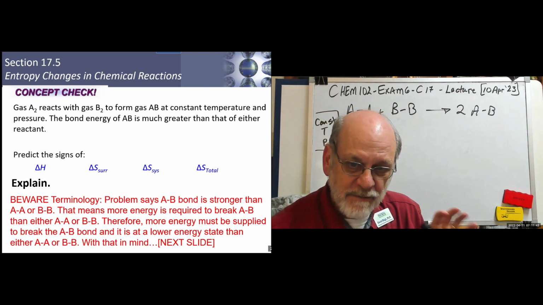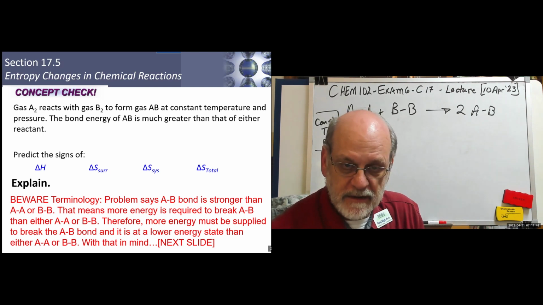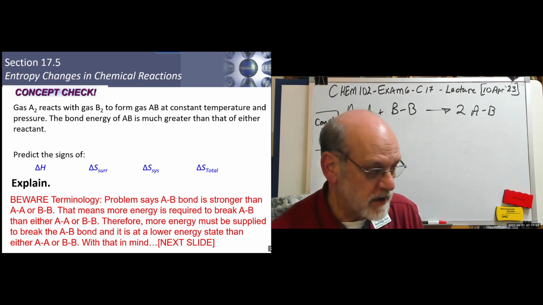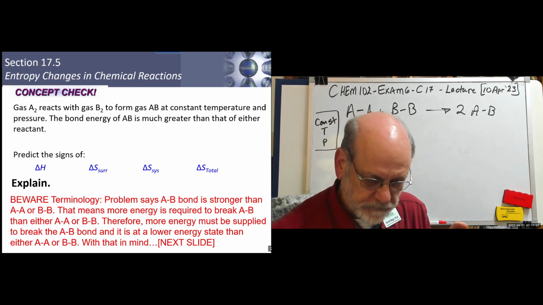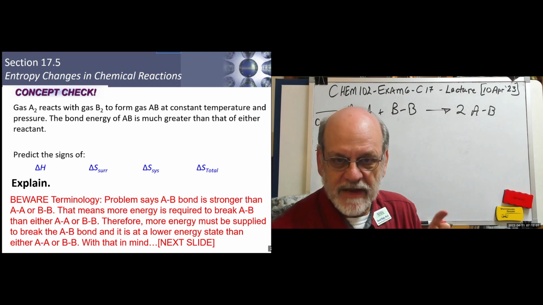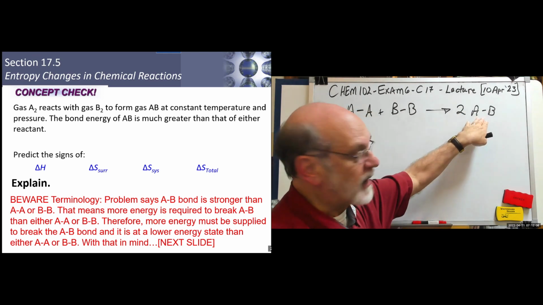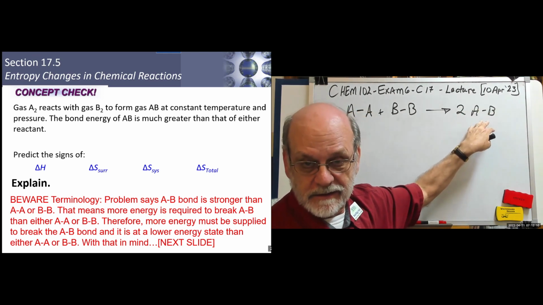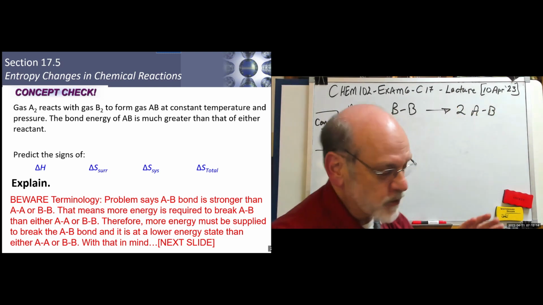Okay, what is meant by bond energy? When bond energy is reported in reference manuals or in your textbook for that matter, it's always reported as positive values. That's because the bond energy represents how much energy must be added to the bond in order to break it. Okay, so look at it this way.